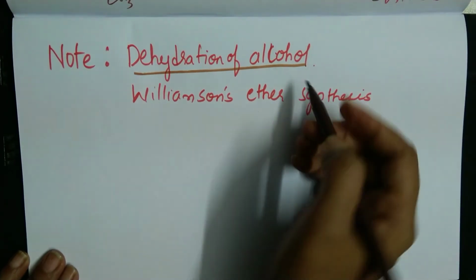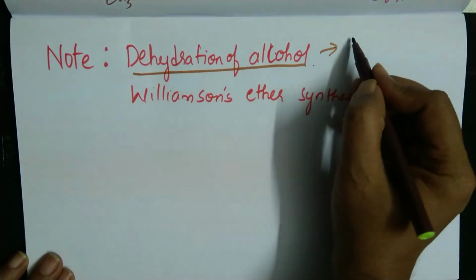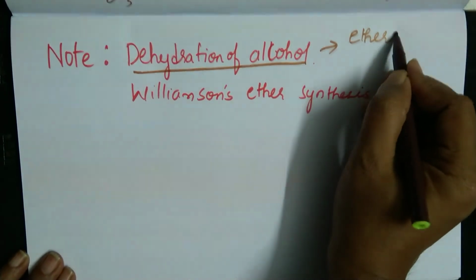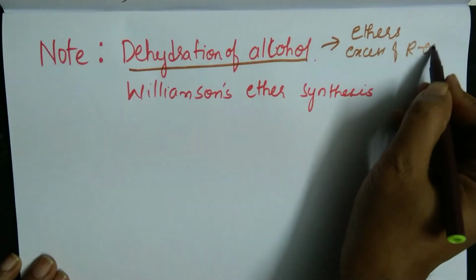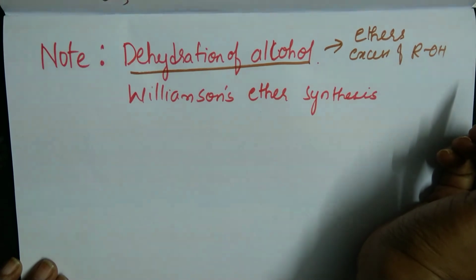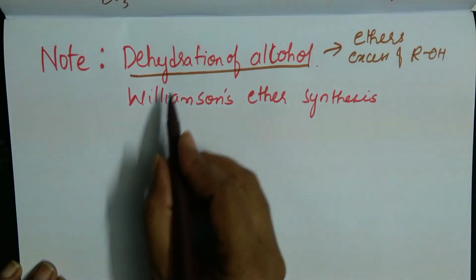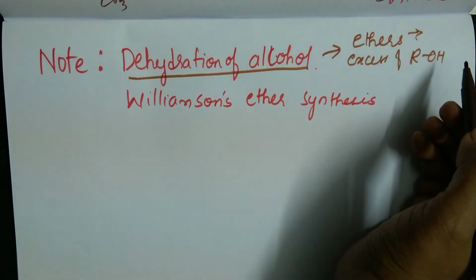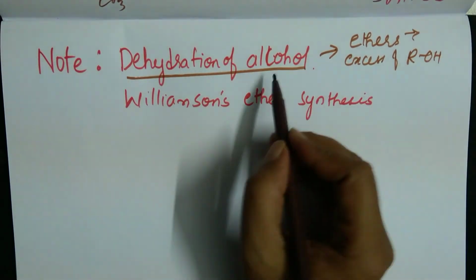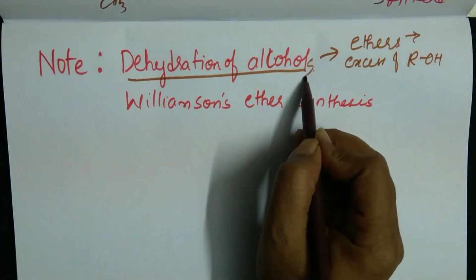Dehydration of alcohols gives us ethers when excess of alcohol is used with concentrated H2SO4. And what type of ethers can be prepared? Only simple symmetrical ethers can be prepared by dehydration of alcohols.